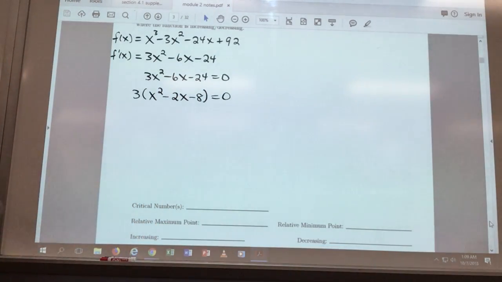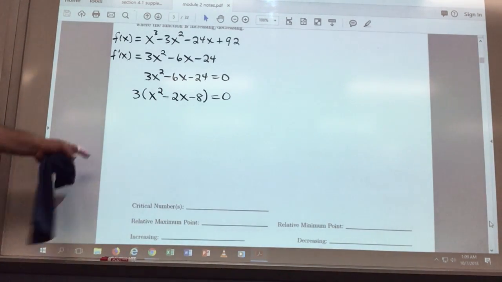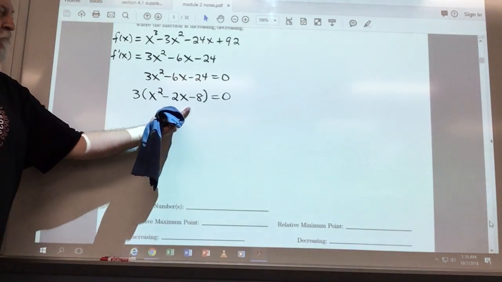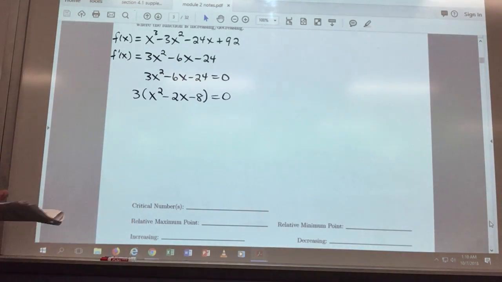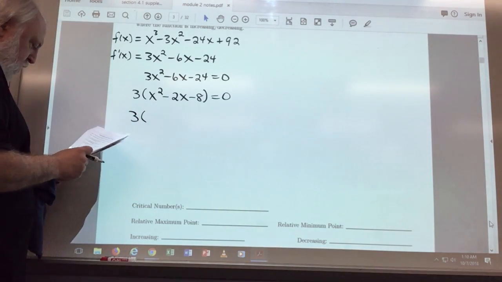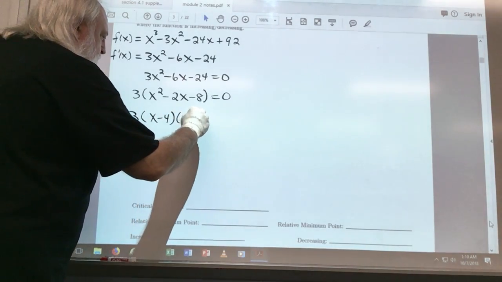And we have 3 times the quantity x squared minus 2x minus 8. Verify that by distributing the 3. Well, this x squared minus 2x minus 8 factors in the traditional sense. It factors into x minus 4 times x plus 2.